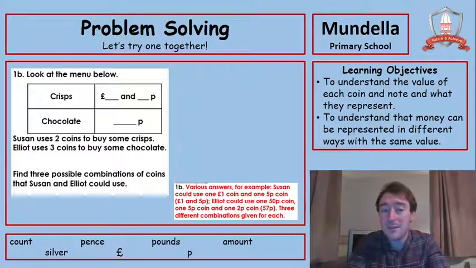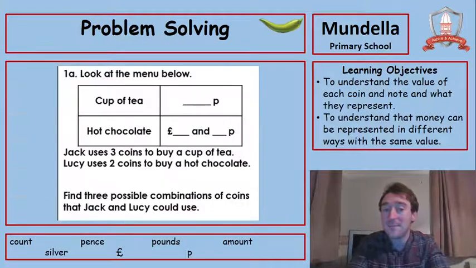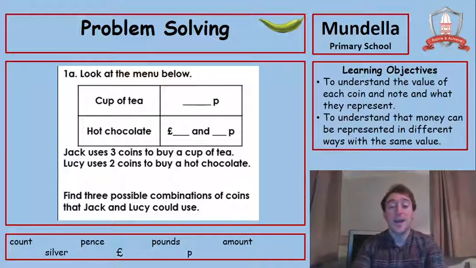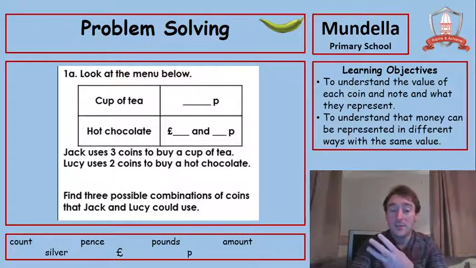So just have a play with those, because I think we're going to get a chance to in the next set of questions. Let's look at what the green chili questions are. Okay, so you have to find 3 possible combinations of coins, just like the example. So pause the video now if you want to try the green chili question, finding 3 possible combinations.